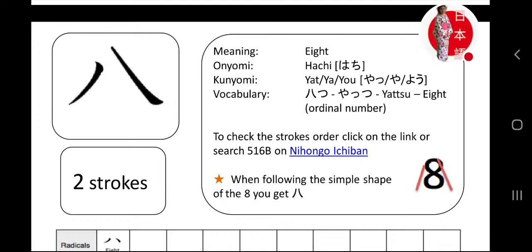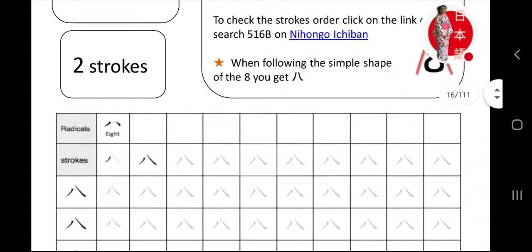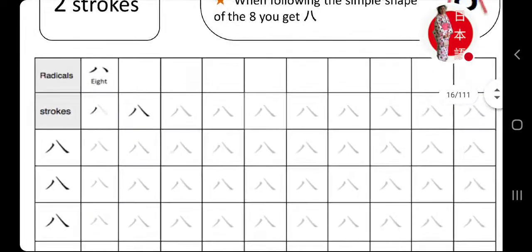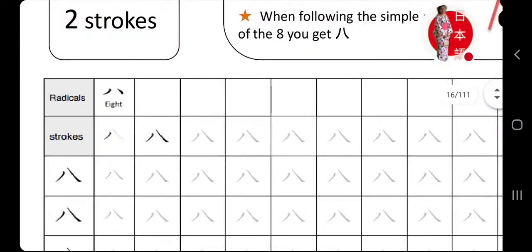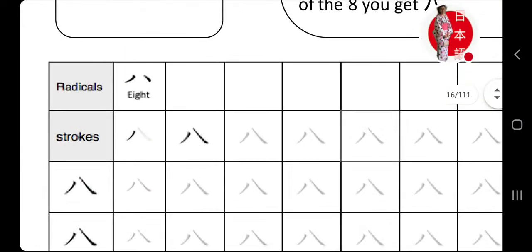This is Hachi. Kunyomi is ya, yat, and you. For sample vocabulary, we have yatsu, which is 8. We only have 2 strokes, left and right. Left first, then right is the next one. So this is how we write it, the stroke order.